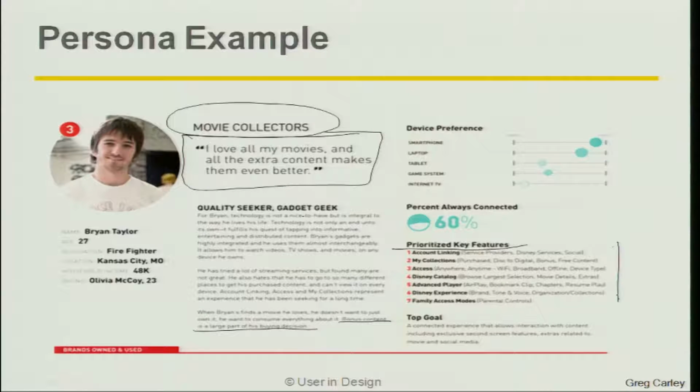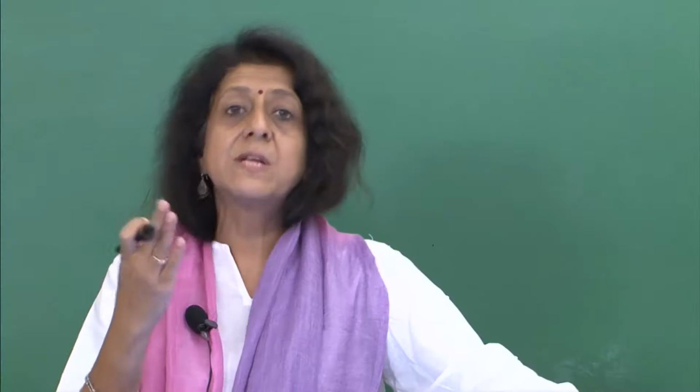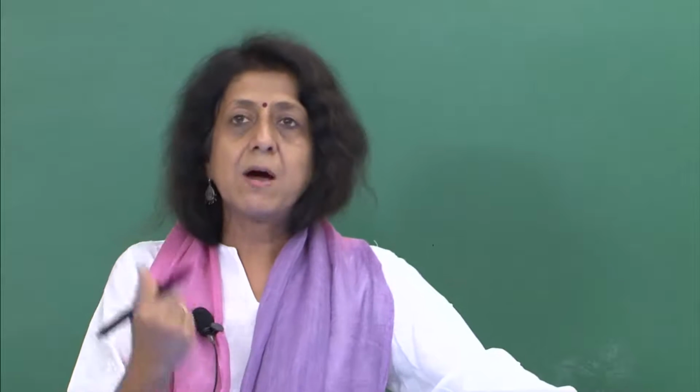Again, very important insights for you as a designer to know. And what is his top goal? A connected experience that allows interaction with content, including exclusive second screen features, extras related to movie and social media.